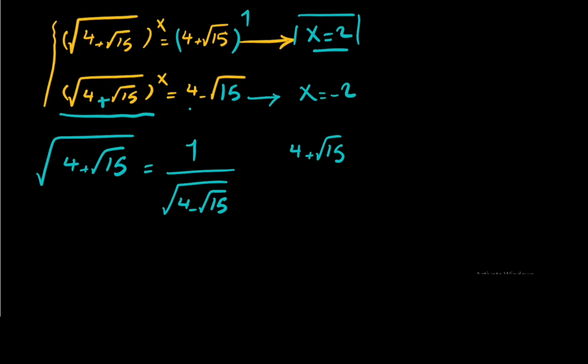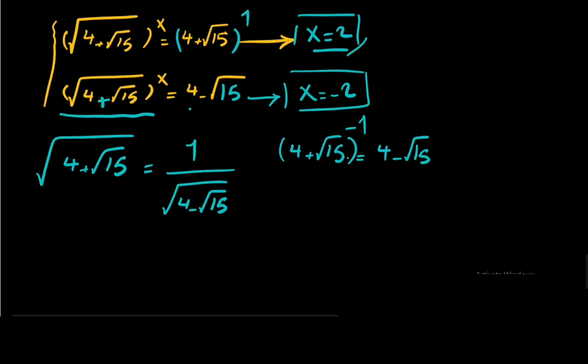But if you want to write that's equal to 4 minus square root of 15, you need the negative one here. So I put x equal to negative 2 for the second answer. So we have two answers. The first one is x equal to positive 2, and the second one is x equal to negative 2.